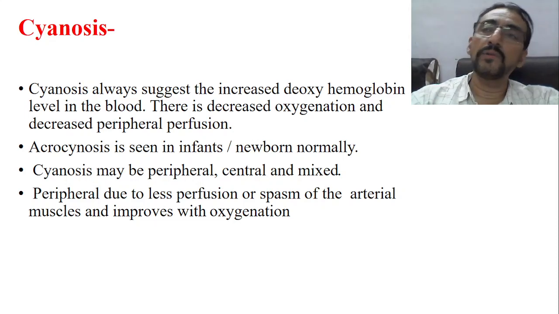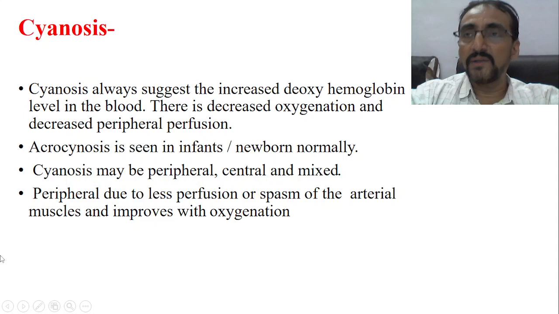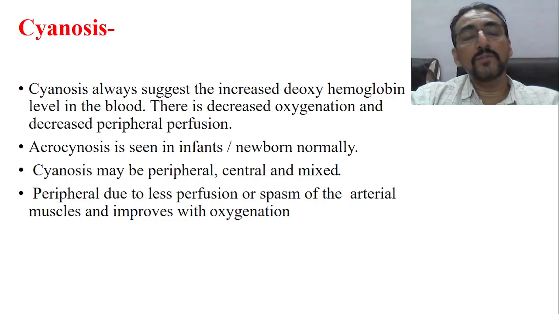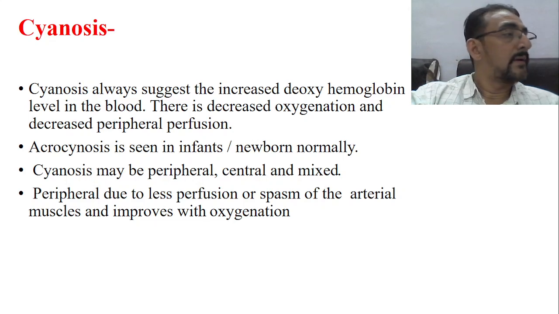This is how we differentiate peripheral cyanosis. Peripheral cyanosis has nothing to do with the mixing of blood. It is only decreased oxygen concentration in the blood, with decreased perfusion or spasm of the muscles.